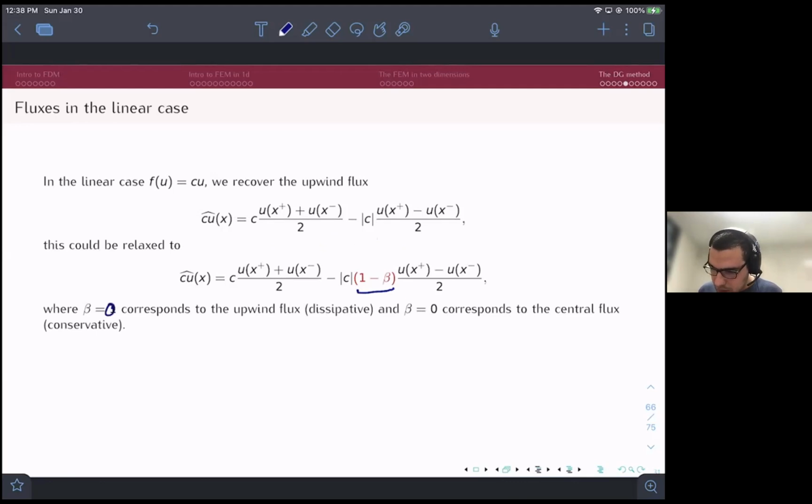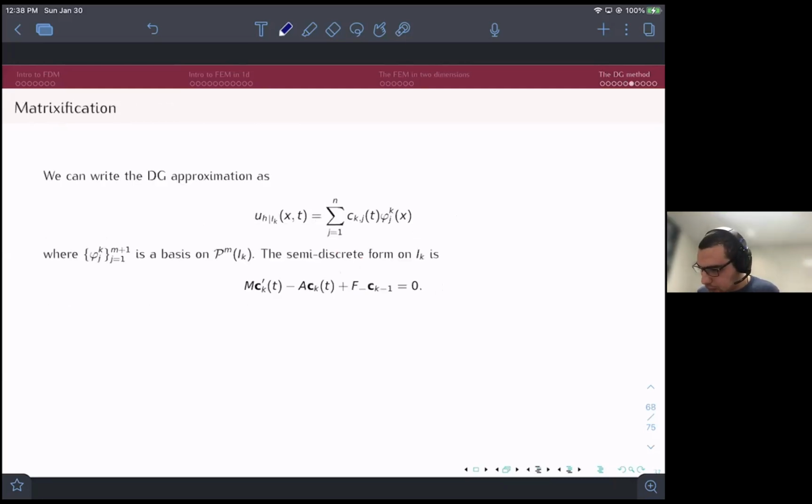Beta equals 0 would correspond to the upwind flux, and beta equals 1 would correspond to the central flux. We'll see what this means. If I do beta equals 0, the value of the flux will be exactly c times u on the left of x. And here's why this is interesting.